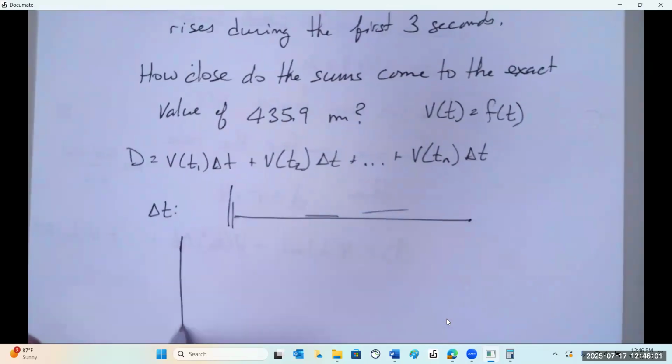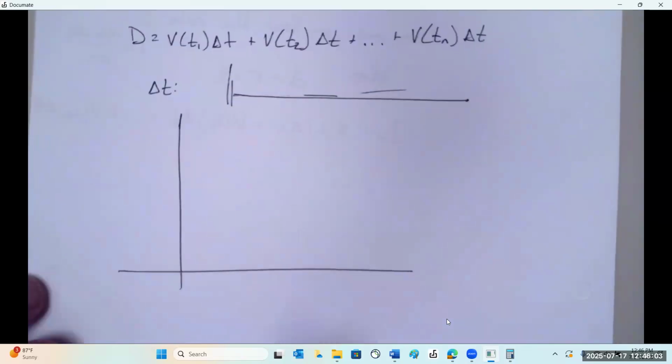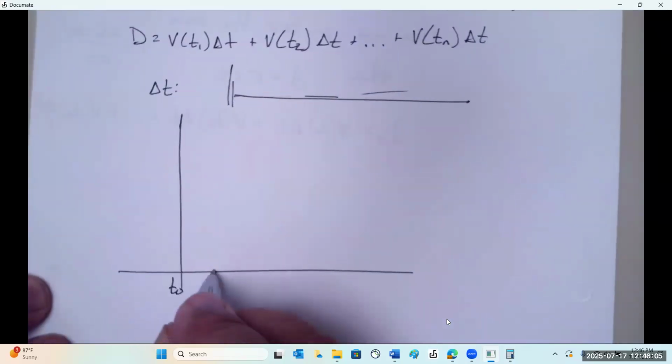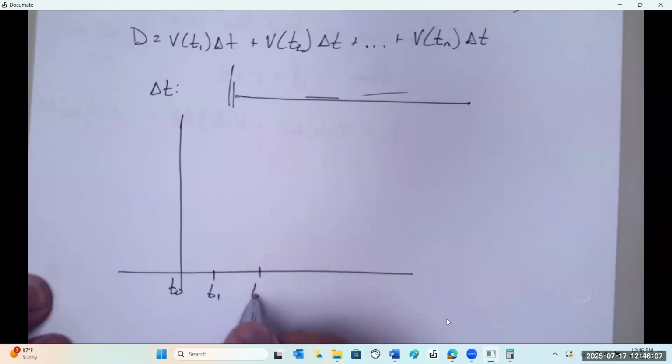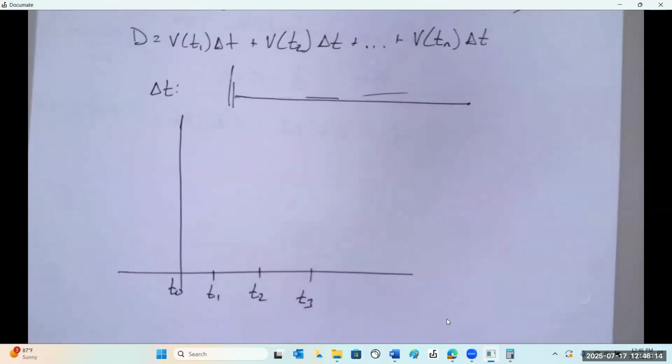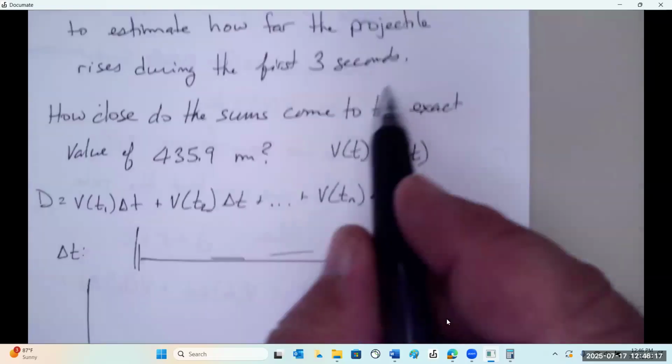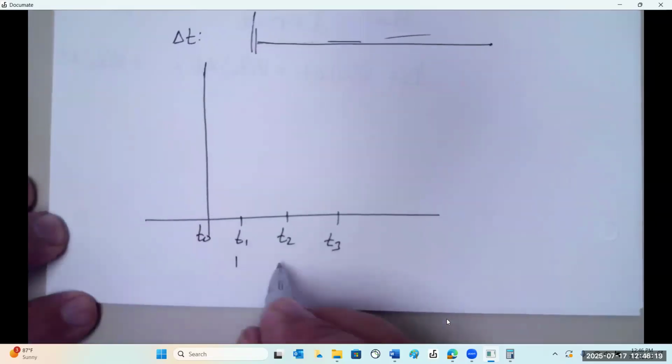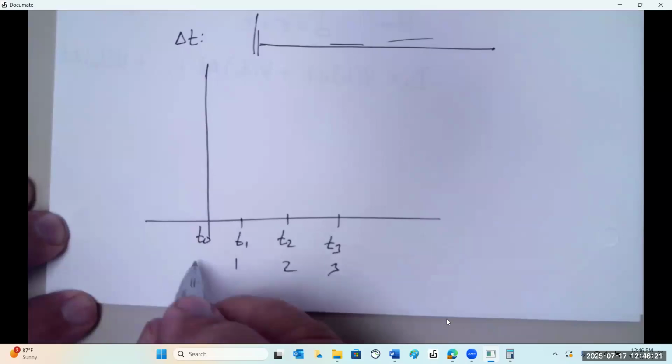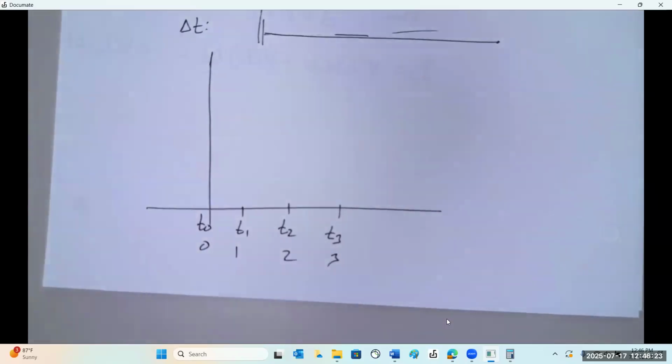This is T0, T1, T2, T3, and so on. Because we're only going 3 seconds, we can say this is 1, 2, 3. Similar to our last example.